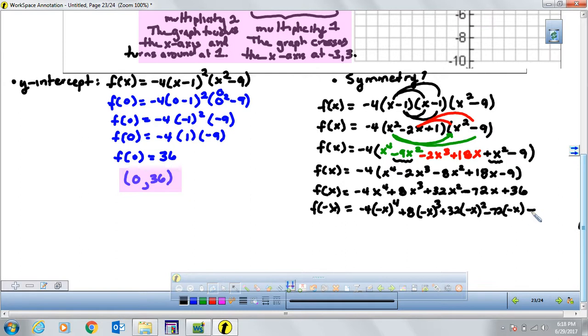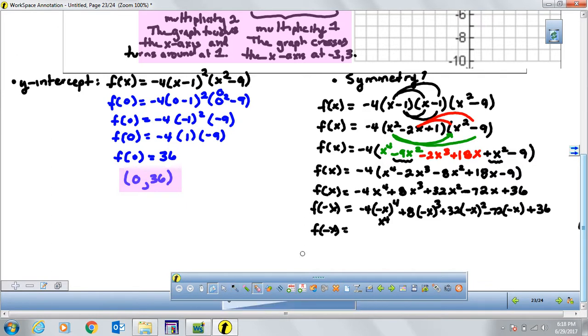plus 36. Now, if I do the whole math right here, if I raise this to the fourth power, it's going to be positive x to the fourth times negative 4, which results in negative 4x to the fourth power. So right here to begin, f of negative x equals negative 4x to the fourth power.